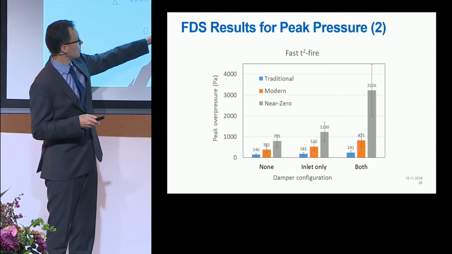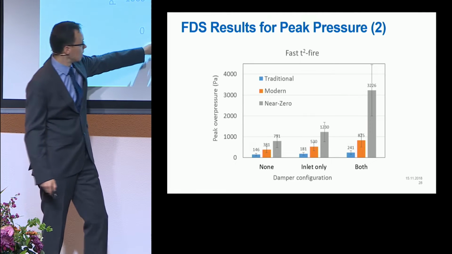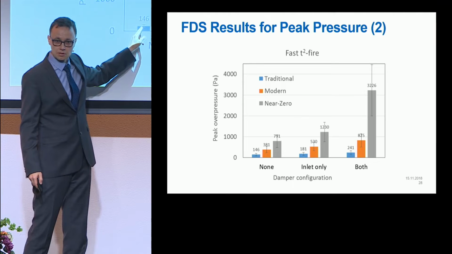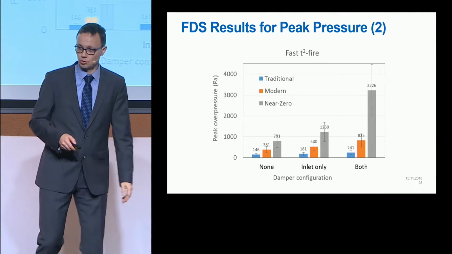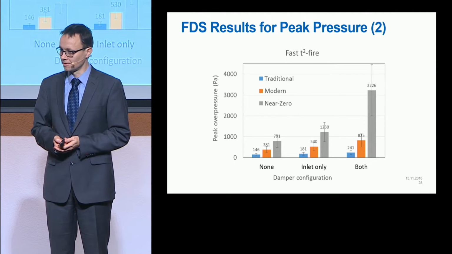On the other hand, we see that with the fast T-square fire, all the scenarios have peak pressure which is higher than the 100 Pascal that we just voted to be the safety criteria.